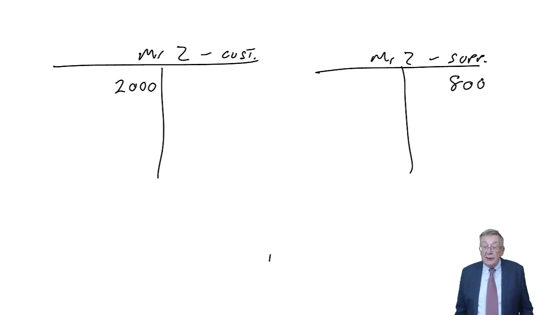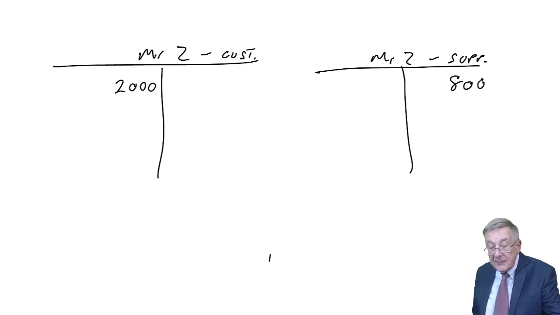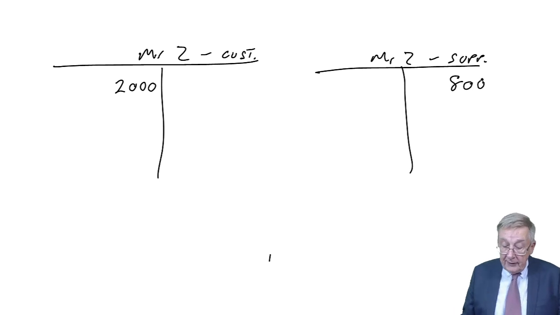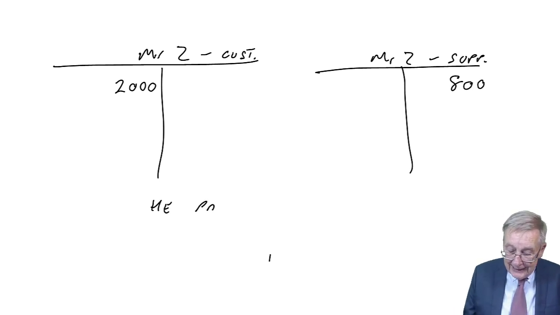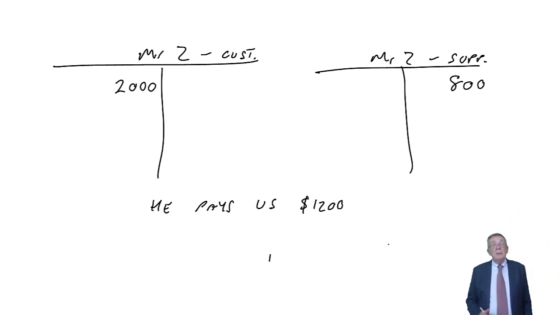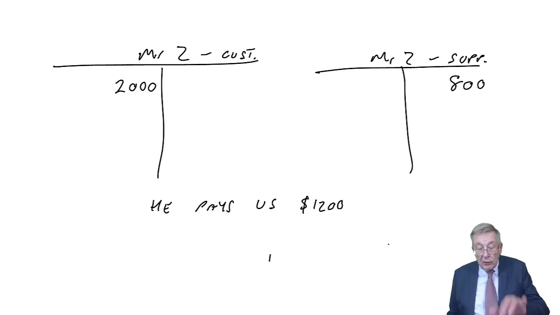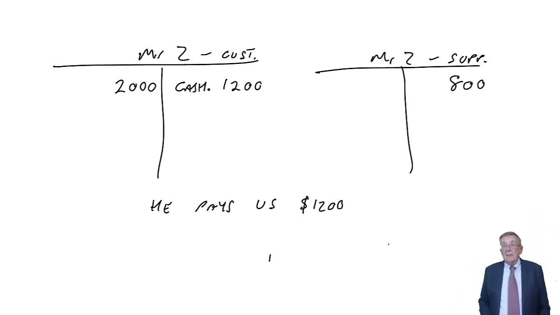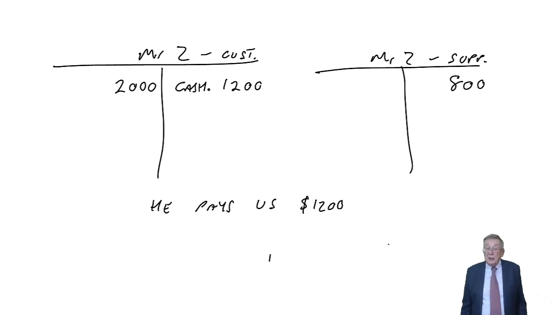But again, rather than us send him 800 and him send us 2,000, we agree that he'll just pay the difference. He pays us the difference of 1,200. Well, what's a double entry when you get 1,200 from a customer? Debit cash, credit the customer, 1,200. And we've agreed that that's all we'll do.